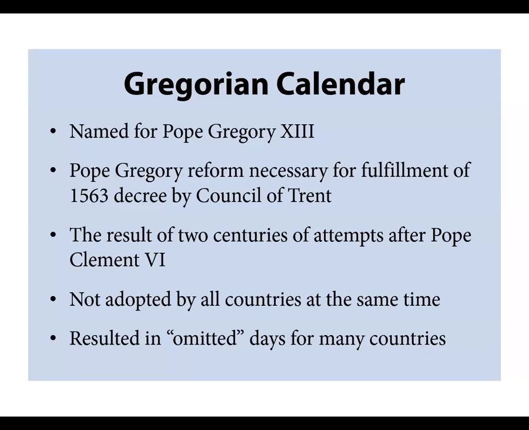And as a result of when they adopt it and where they are, in other words, how far out they are from the 1582 time period, that also results in which and how many omitted days there are for the various countries.